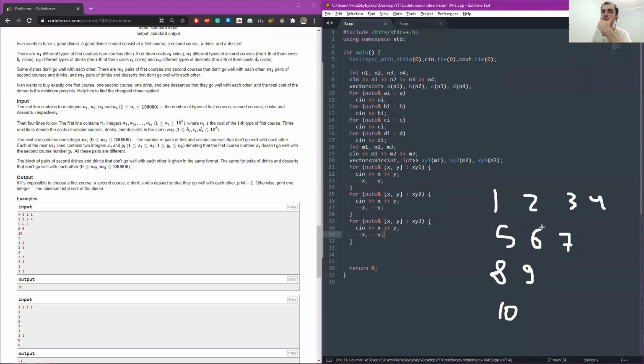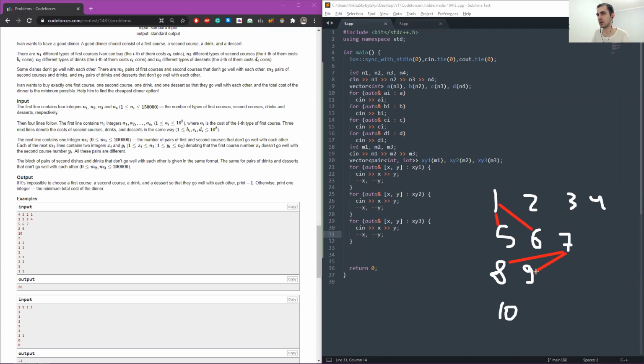So we have 1, 2, and 1, 1 don't go well together for whatever reason. Then 3, 1 and 3, 2 don't go together. And we have 1 and 1.